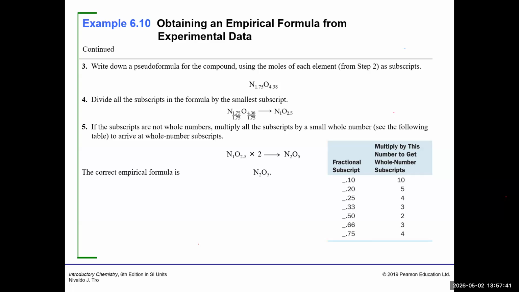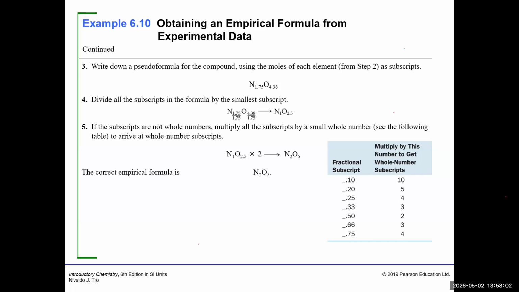Otherwise, if you divide by 4.38, you won't get your answer correct. So we divide all the subscripts in the formula by the smallest subscript, 1.75. That gives us nitrogen is 1 and oxygen is 0.5.